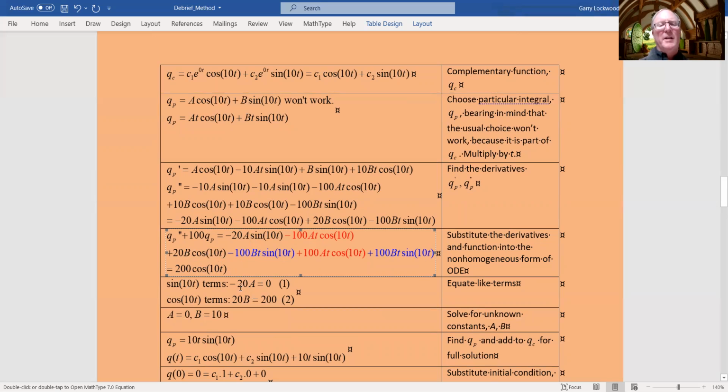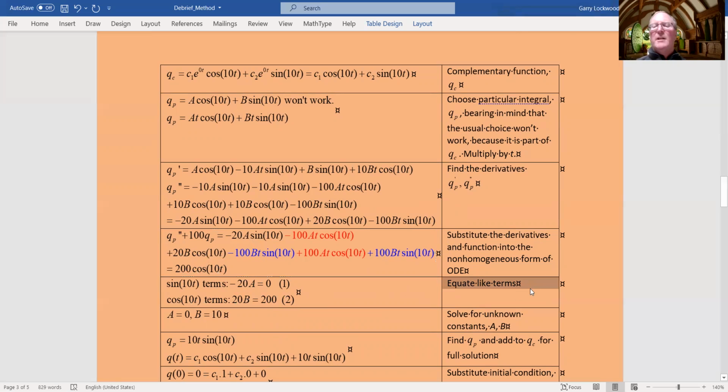So I've got this sine 10t term here, and the right-hand side hasn't got a sine 10t term. In other words, it's 0. So that's why I've got minus 20a equals 0. My cos 10t terms: 20b cos 10t equals 200 cos 10t. So there are my two equations.